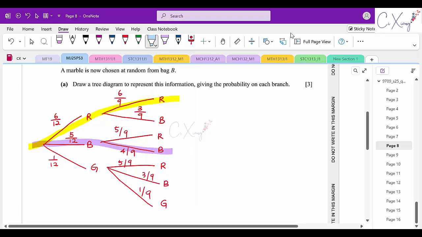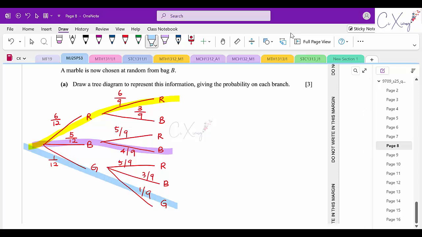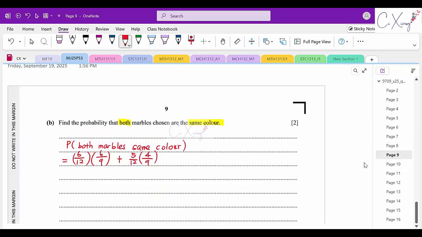Because it might also happen when the first color is green, second color is also green. So this also belongs to the case where the two marbles are the same color. 1 over 12 multiply with 1 over 9.